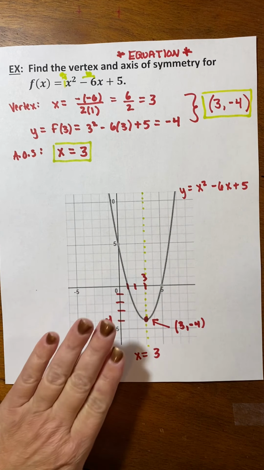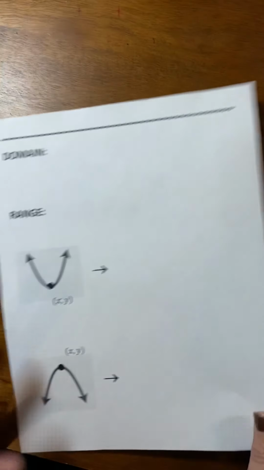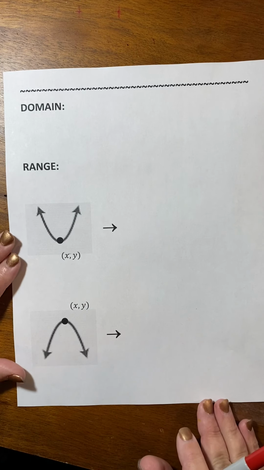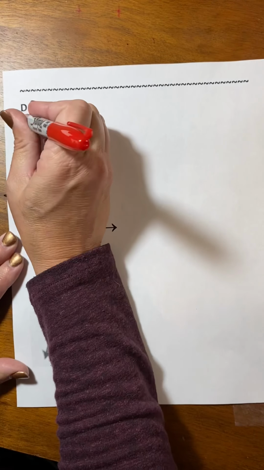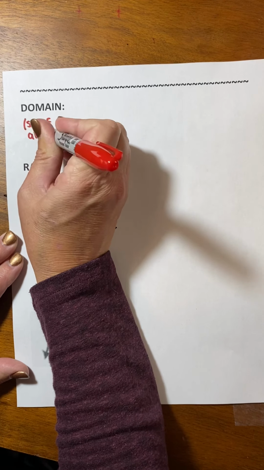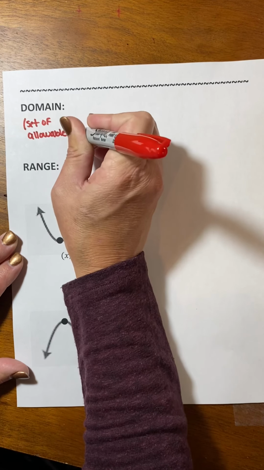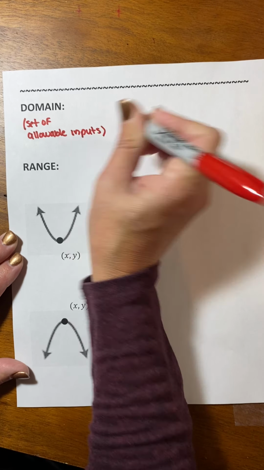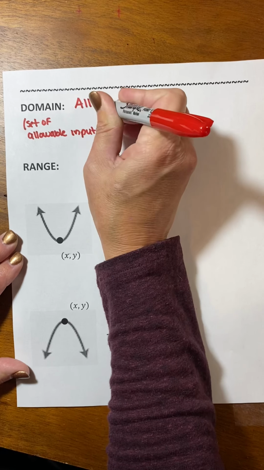We always want to find the domain and the range of functions. The domain of all quadratic functions, remember the domain is the set of allowable inputs, is all real numbers.